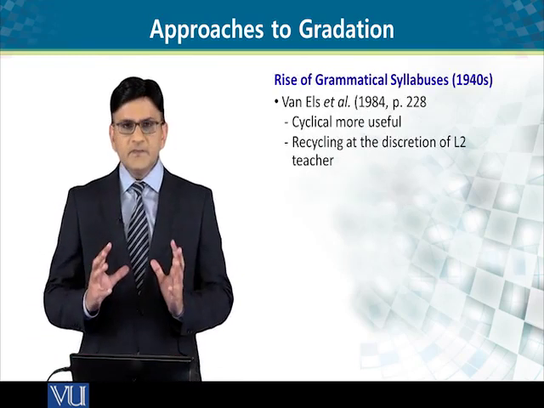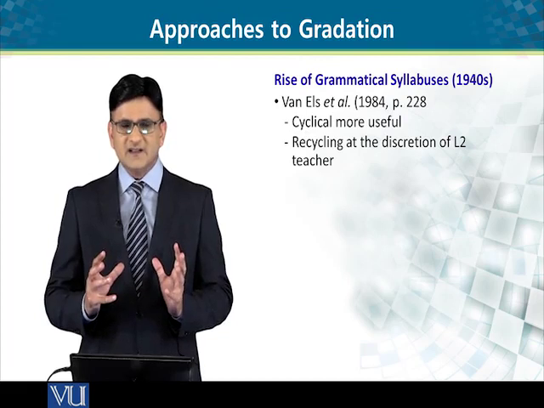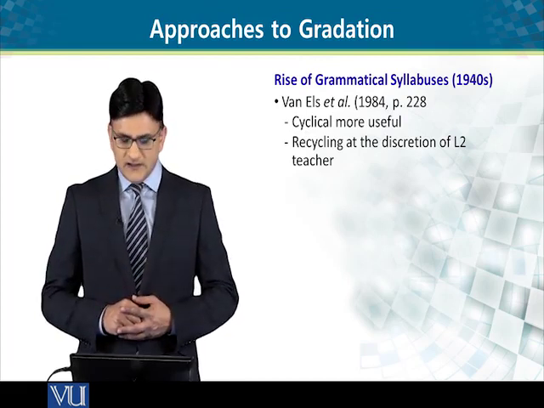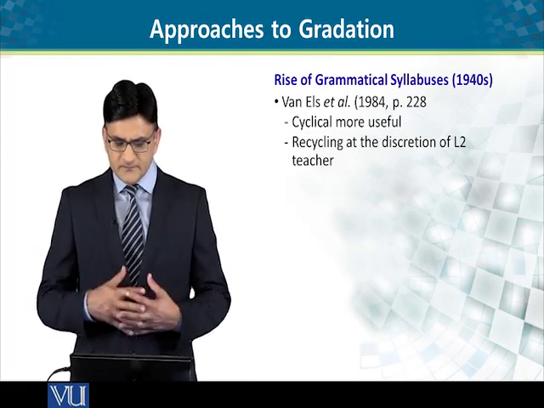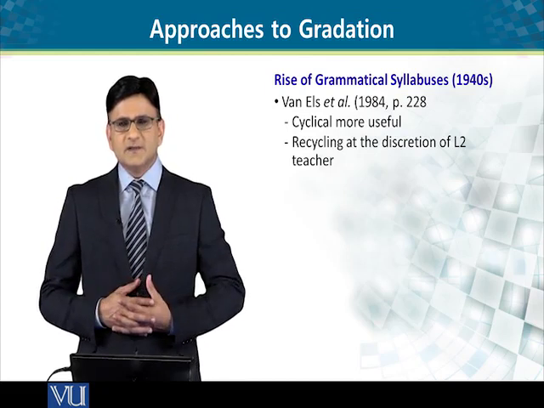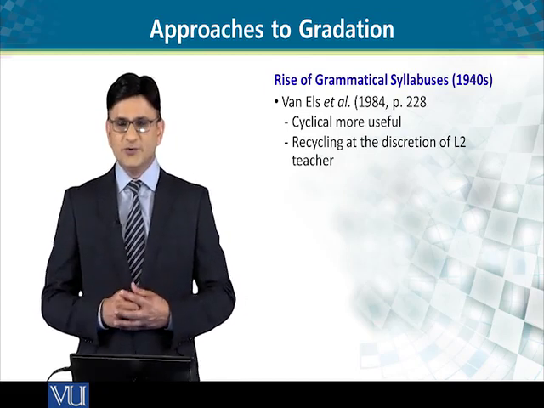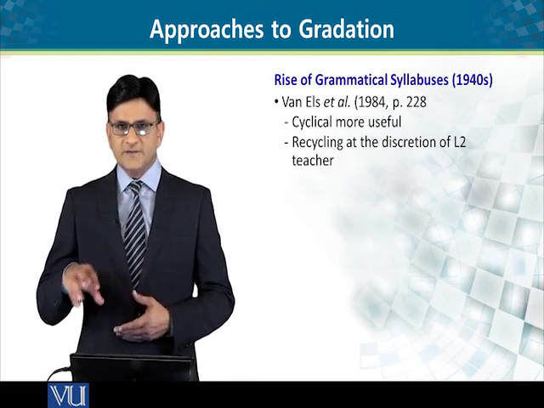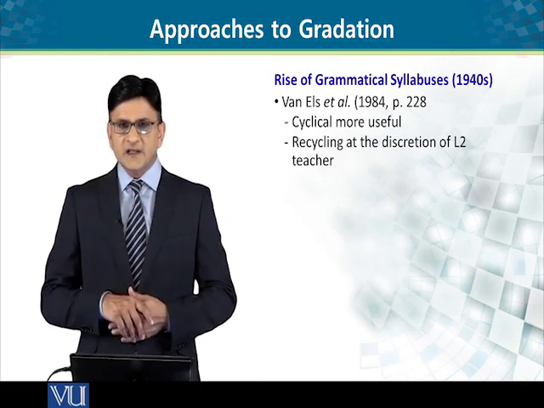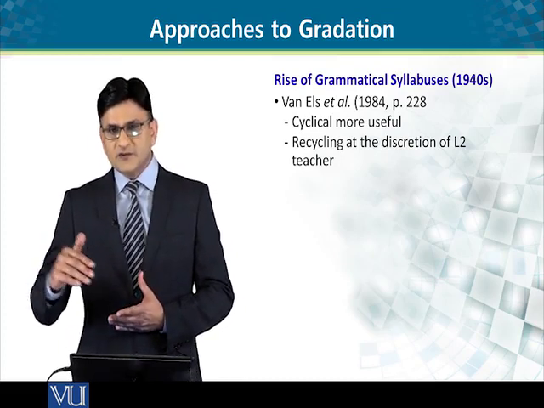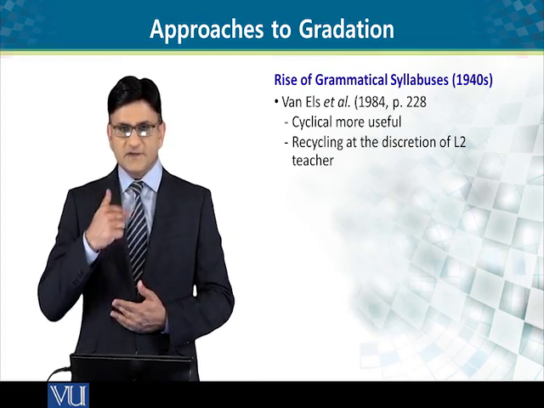And what was the result then? What was the influence of these approaches? Obviously, the result was that cyclical was considered more useful than the spiral one because of its emphasis on introducing simple to difficult to the complex lexical structures.